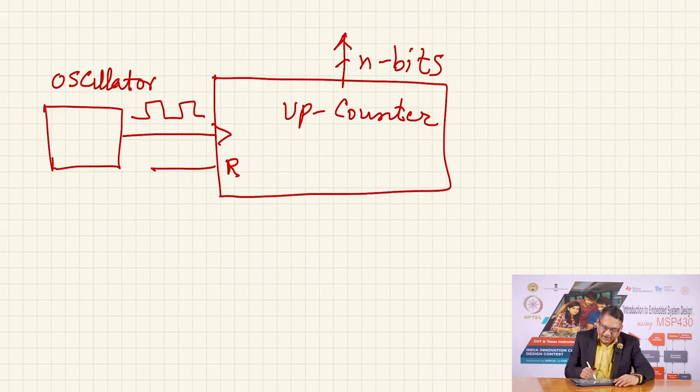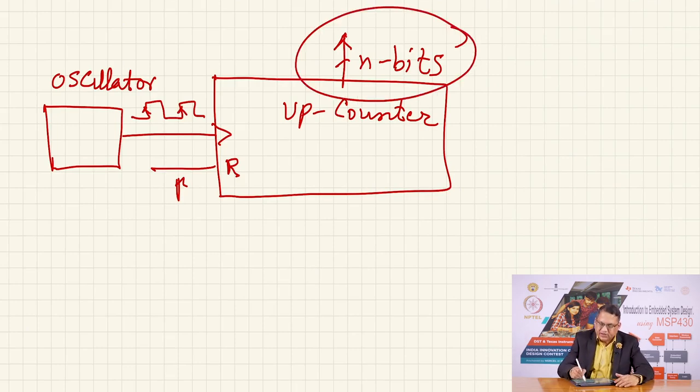After I assert reset on this pin, it will count these pulses, and if I am able to read these n bits and find, let us say, the count is 1350, then I can also tell how much time has elapsed since the time that I reset this counter.